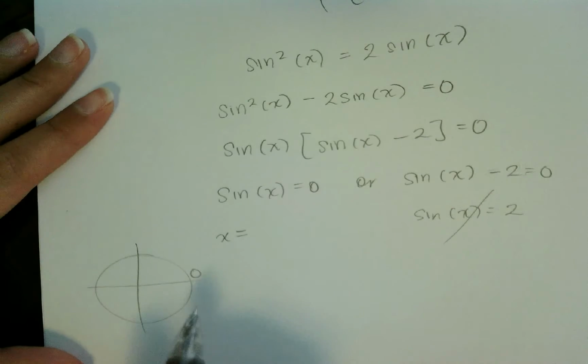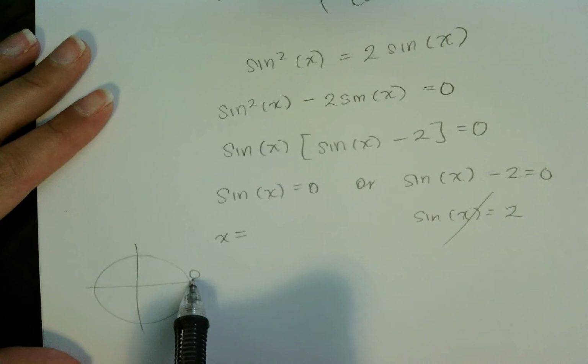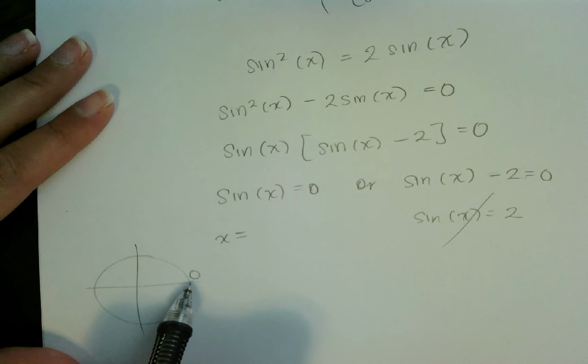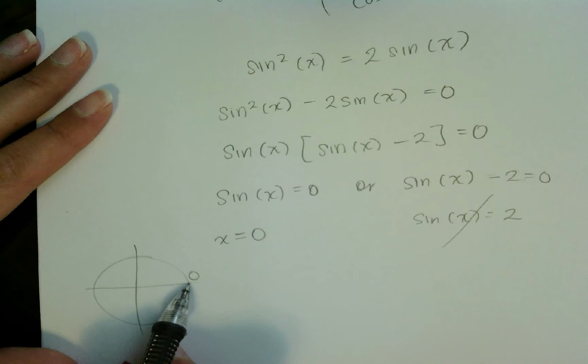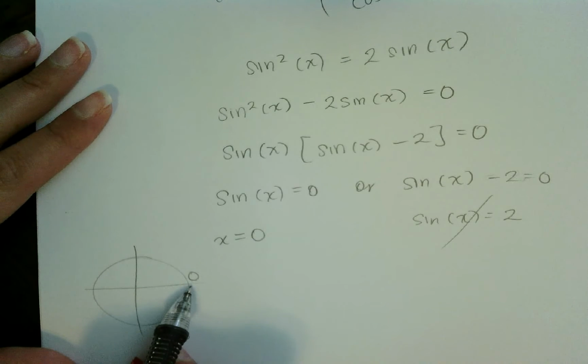But since it's primary, you start at 0. When you start, this is angle 0. So x equals 0 is the solution. Remember, that is a 0 degree or a 0 radian angle.